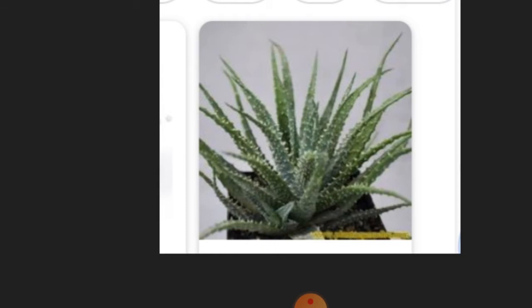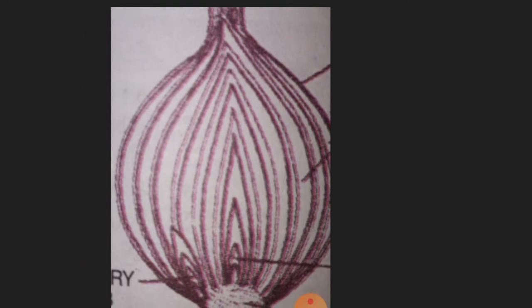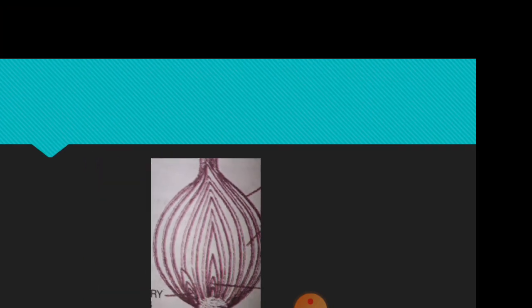That means leaves also have the capacity to act as storage organs. The leaves also act as storage of food, as in the leaf base of onion. The leaves of the onion act as storage organs of food. So it is also a function of the leaves.